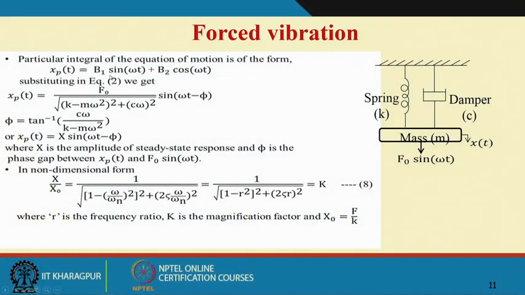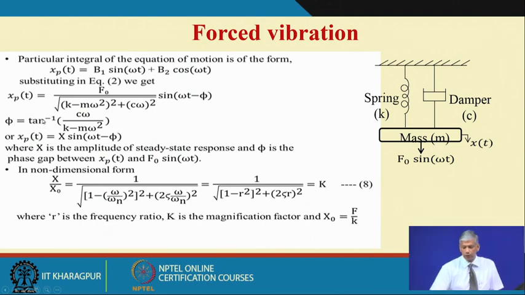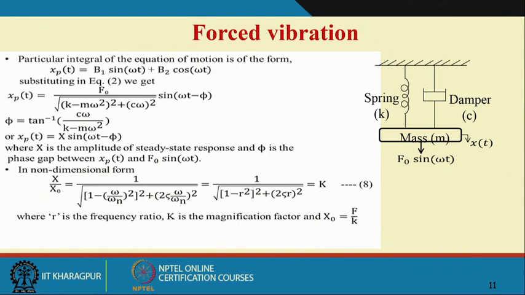We will continue the discussion of forced vibration for the particular integral solution. So, I can have a response like this: B1 sin omega t plus B2 cosine omega t. If I substitute this, I will have the particular integral in this form, given by a phase. Phase is nothing but the phase difference between the response and the forcing function.